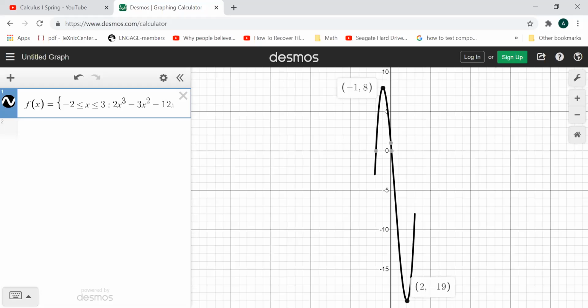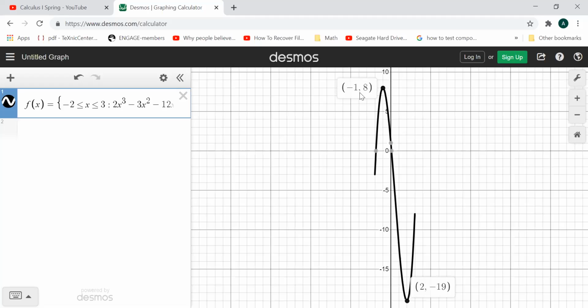We'll have a value here at 2, -19, and another extreme value. So this is a local maximum here at 3, -8, but it's not the absolute maximum. Likewise, this one here at the bottom, -2, -3, was a local minimum, not the absolute minimum. So the absolute maximum and minimum are written here on the picture.